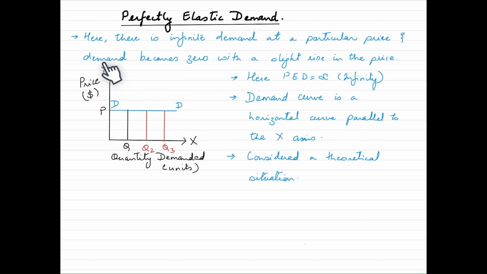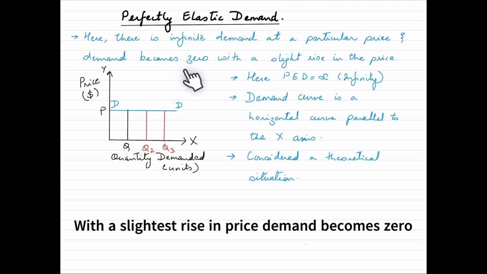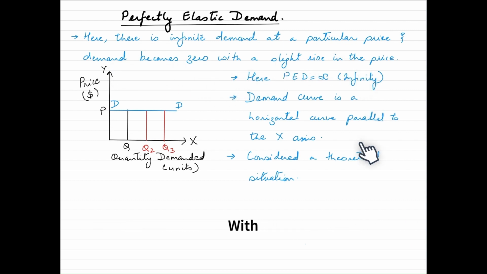And if the price increases even slightly, the consumers would stop buying this commodity altogether. So demand would become zero. Now this is a scenario we generally do not observe in real life. Hence this scenario is considered a theoretical situation.